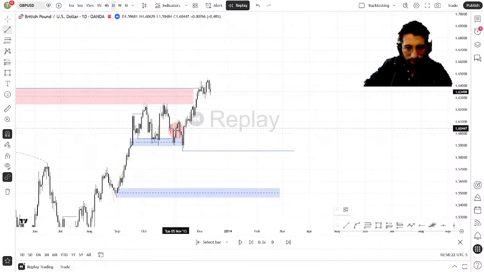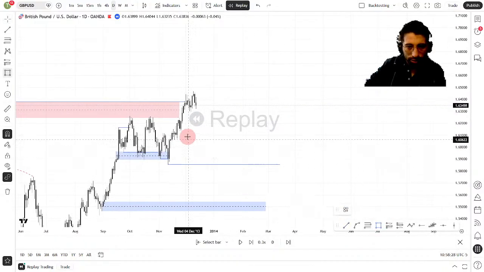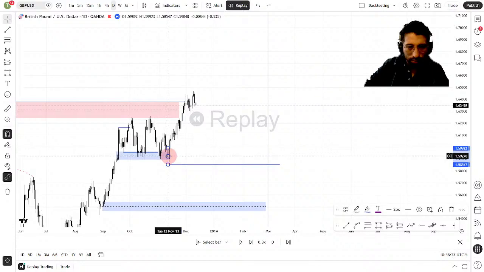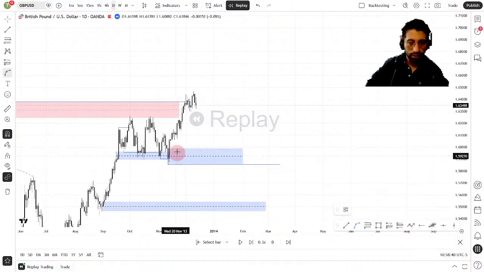All right, so liquidity is being taken here, and then we have a BOS. And now this becomes our extreme of movement creator. There. And all of this, which is here, is liquidity.